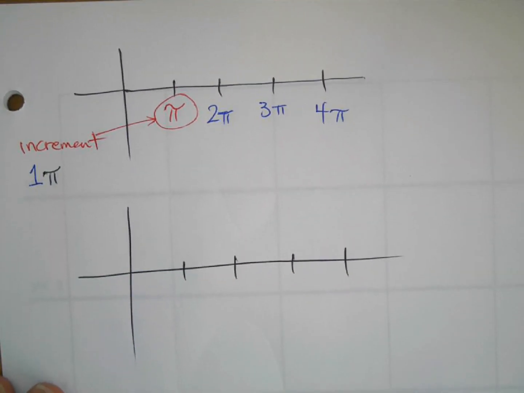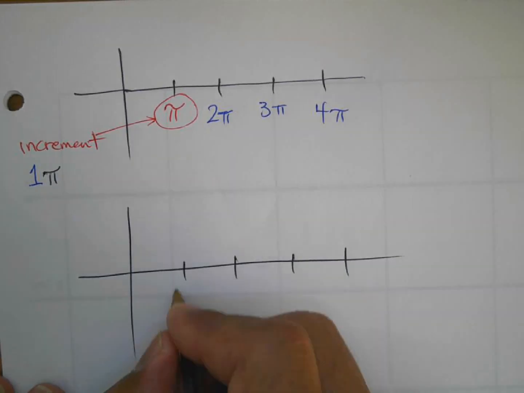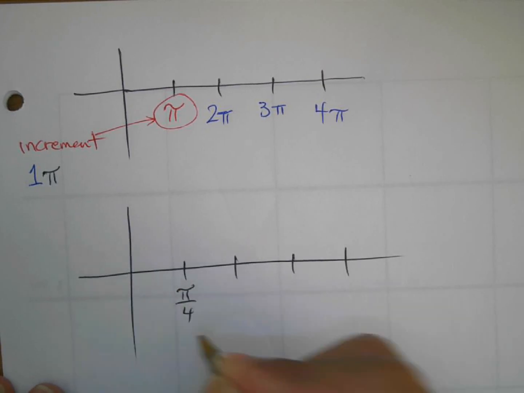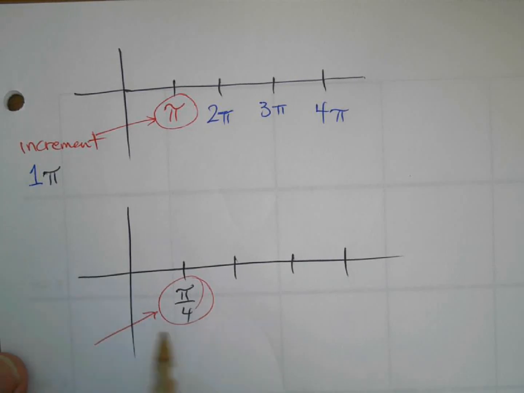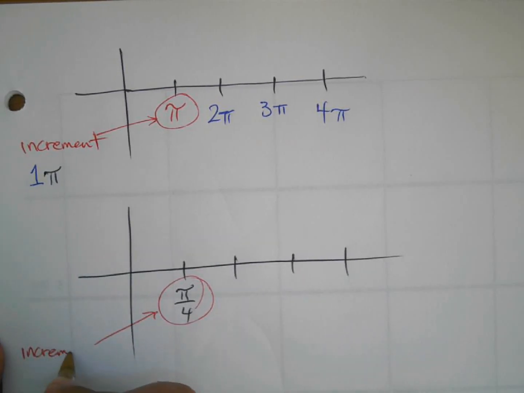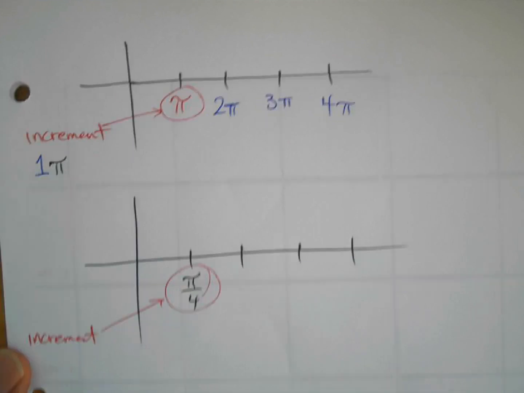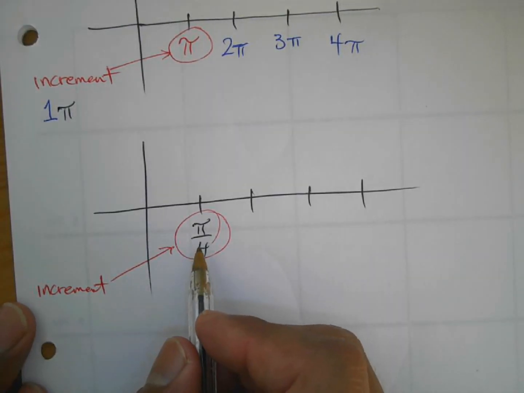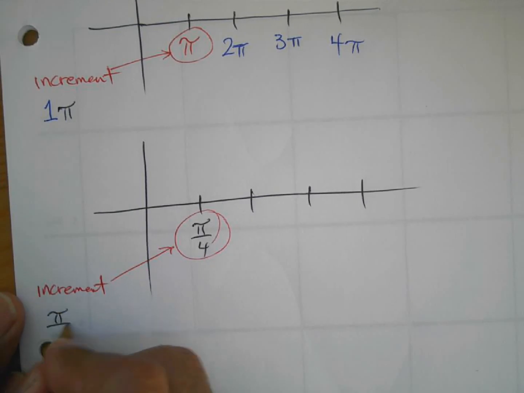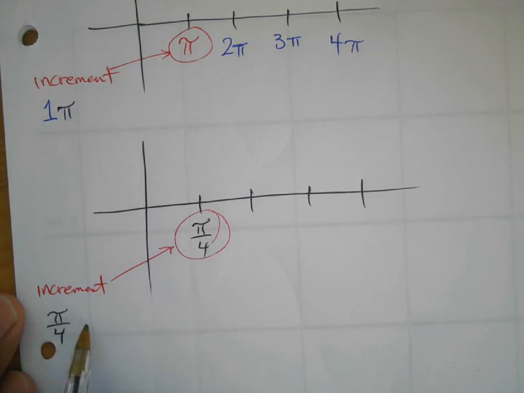What if your increment is pi over 4? Pi over 4 is the same as what? Well, pi over 4, again, just leave the pi off to the side, almost like if it's an x.